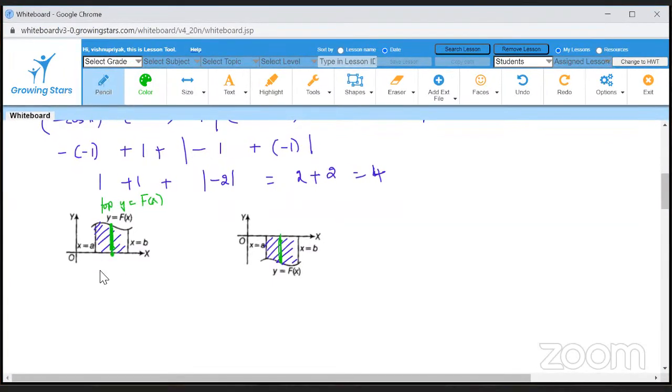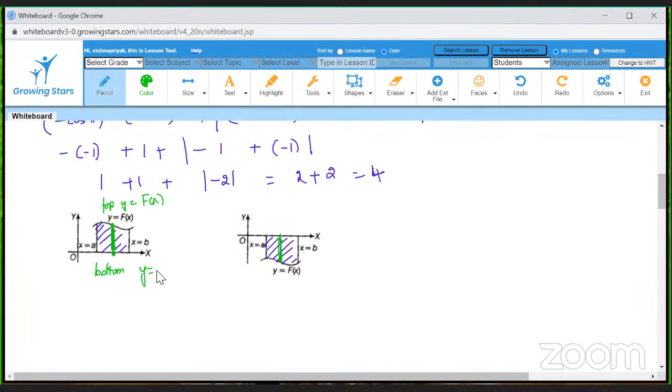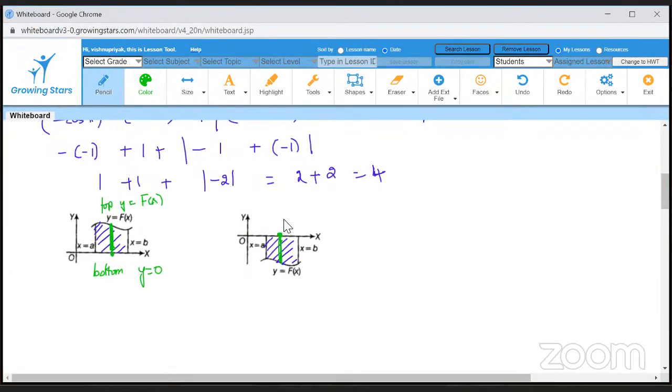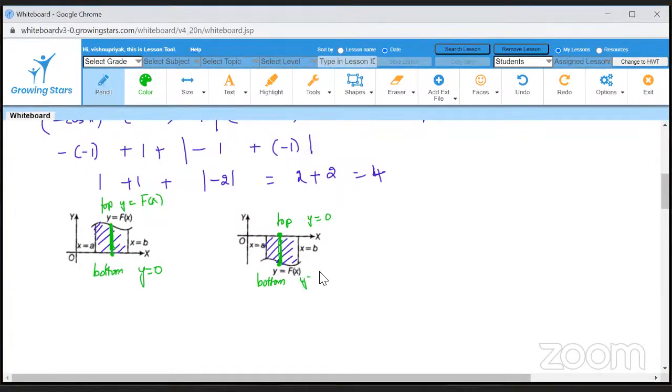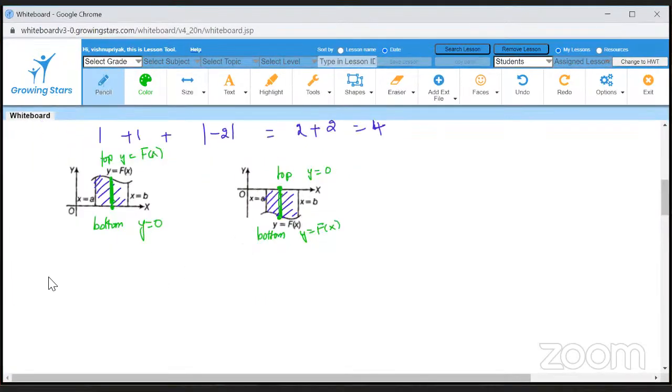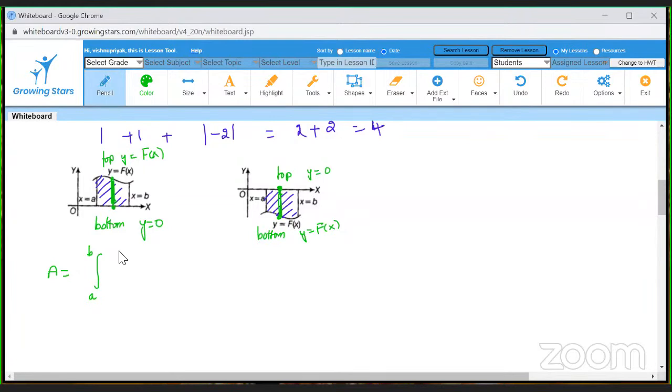Bottom of this line is x-axis, that is y equal to 0. Here, top of this line is x-axis, y equal to 0. Bottom of this line which we have drawn is the curve. So to find area, to find integral from A to B, the best method is top minus bottom.